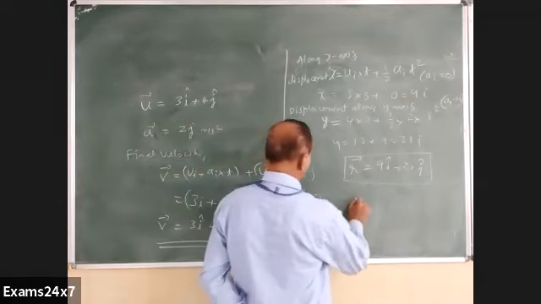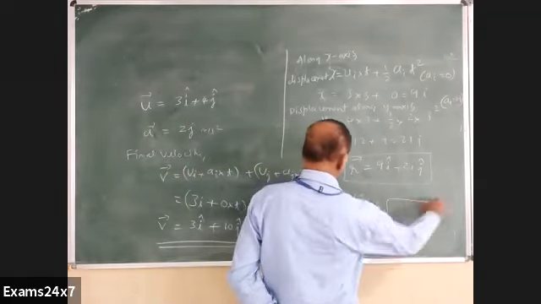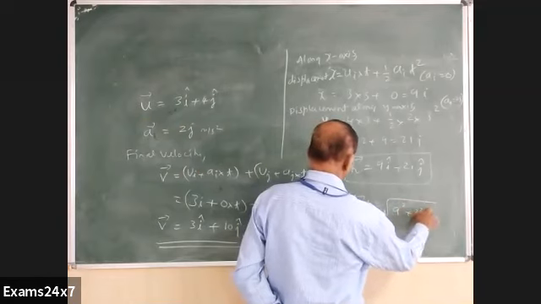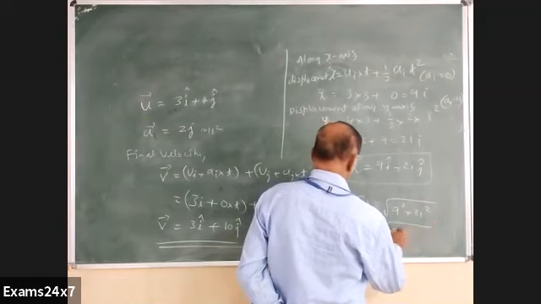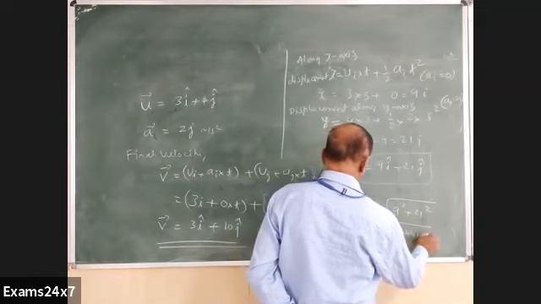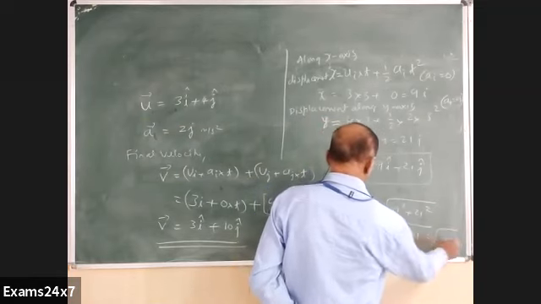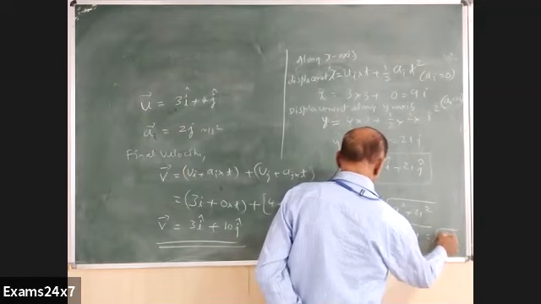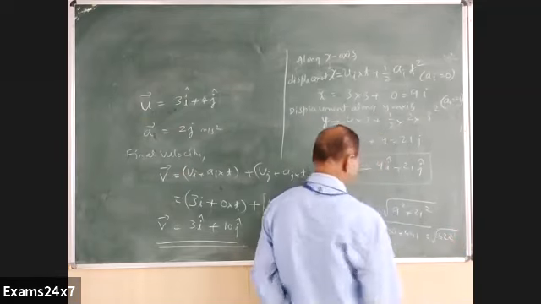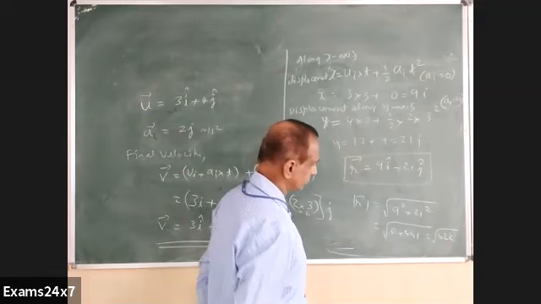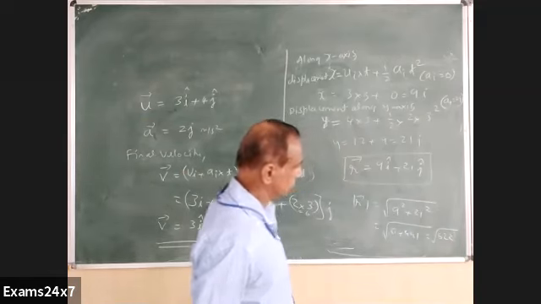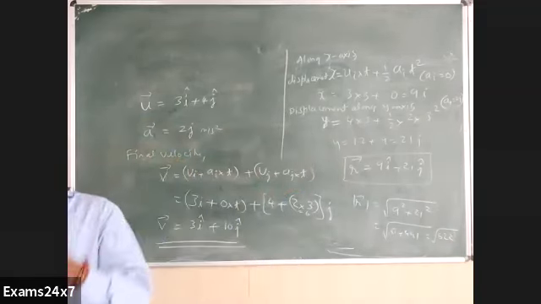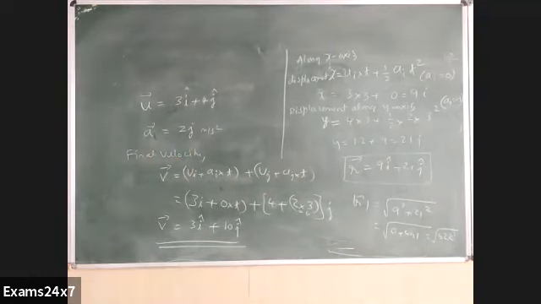Here magnitude not asked, if required as usual 9 square plus 21 square, which is 81 plus 441 becomes square root of 522. Square root of 522 becomes a resultant value, displacement value. Is it clear?